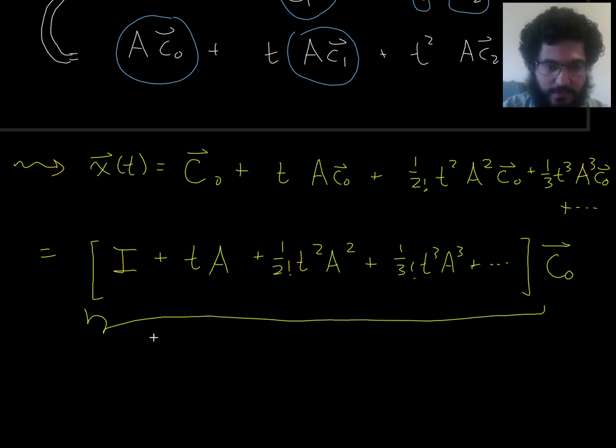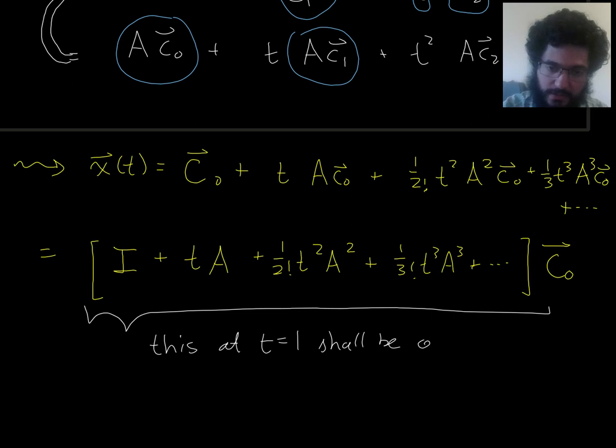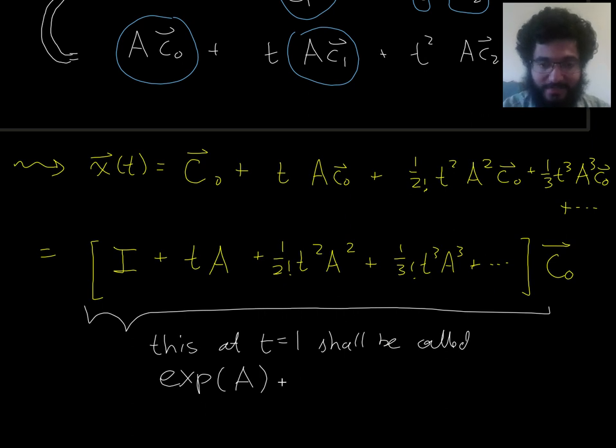So this at t equals 1 shall be called the exponential of A, of the matrix A, the exponential of a matrix. And often we write this as e to the A, even though A is not a number.